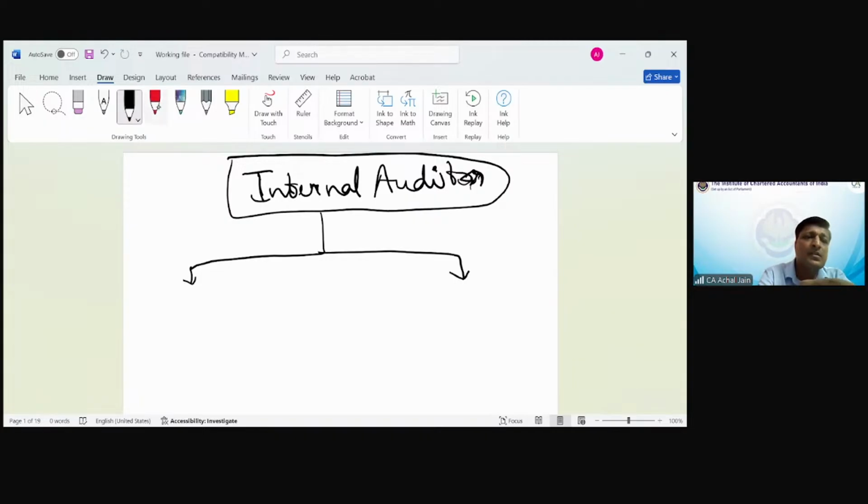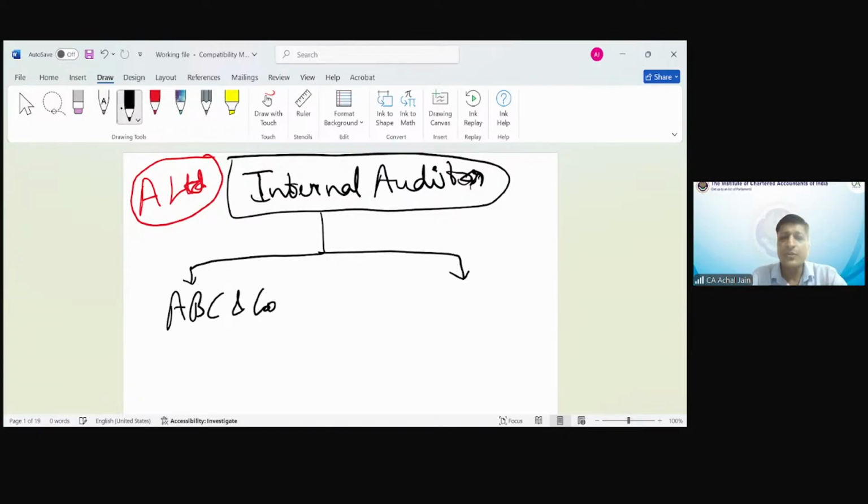For example, say if A Limited has to appoint an internal auditor. So what do they do? They have engaged a third party. So the third party is, let's suppose, ABC and Company, which has been hired. They have been engaged for internal audit.